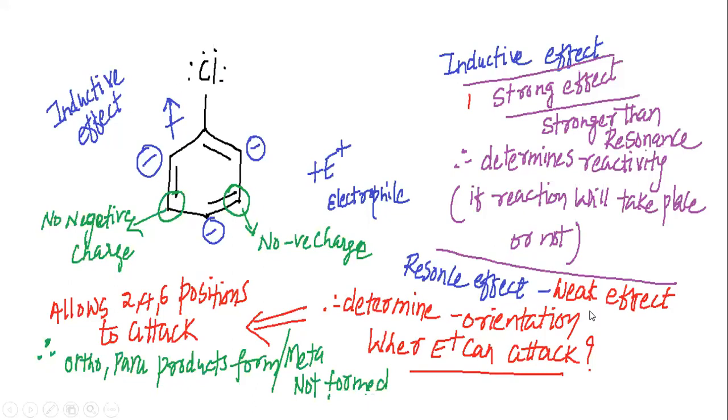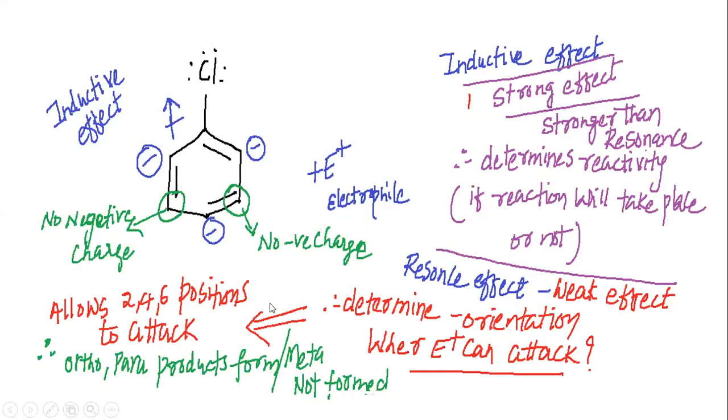But resonance effect is a weak effect, and that is why it determines the orientation. That means where this E plus, where this NO2 plus can attack. And you know, my dear students, that this resonance effect allows the attack on the 2, 4, 6 positions, because on the 2, 4, 6 positions, due to resonance, negative charge has already been established.